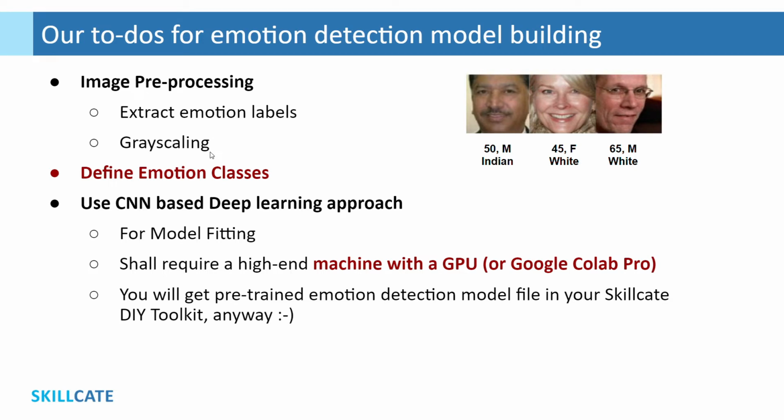Then we define our emotion classes we wish to predict basis our specific use case. We shall talk about our use case in a minute. Next up, we would use CNN-based deep learning approach for model building. CNNs are really well suited to handle image data, and definitely we can expect a good accuracy coming our way with CNN. We shall be using Google Colab Pro for model building.